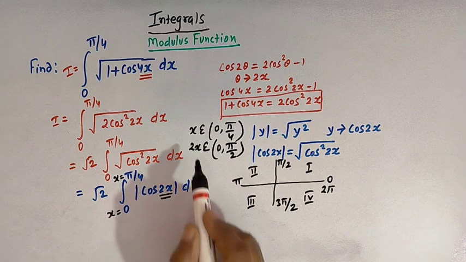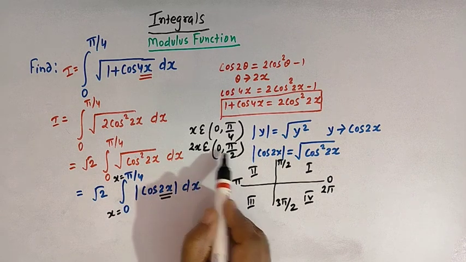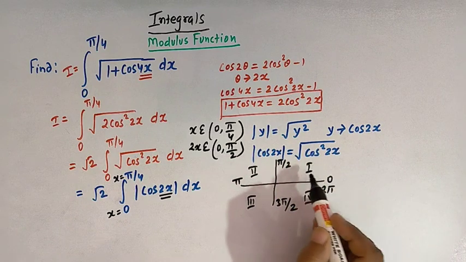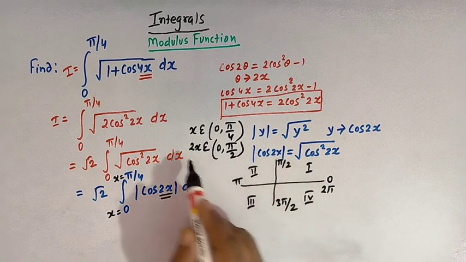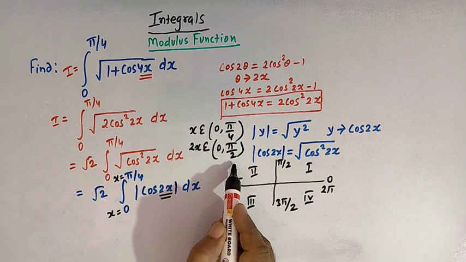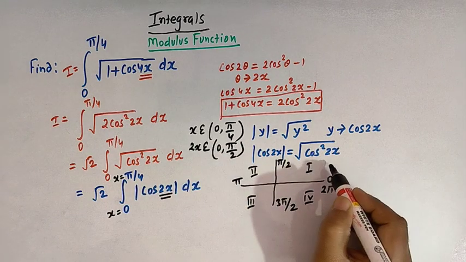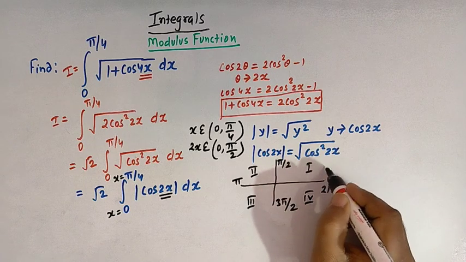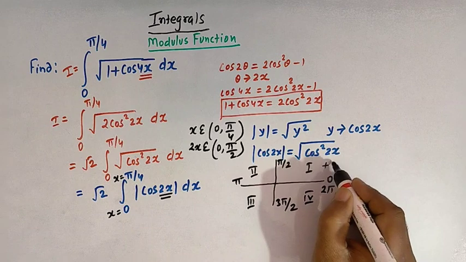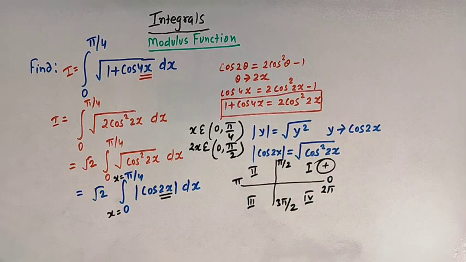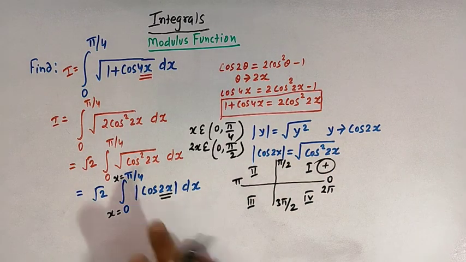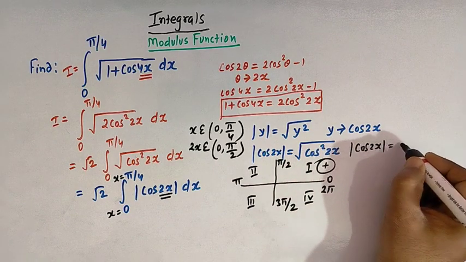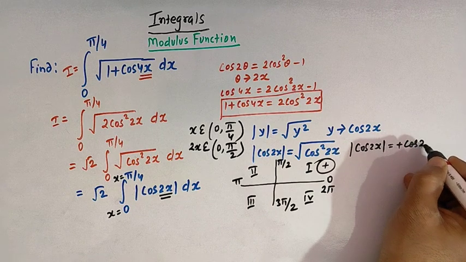Now the angle 2x belongs to 0 to pi by 2, which means we have to restrict ourselves to the first quadrant, and in the first quadrant all the six trigonometric functions are positive. So now mod of cos 2x can be written as simply positive cos 2x.